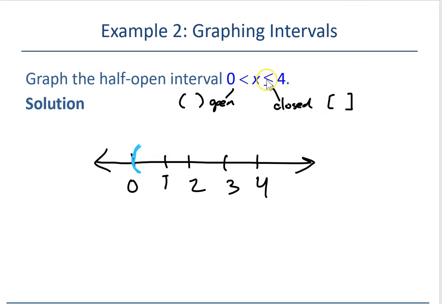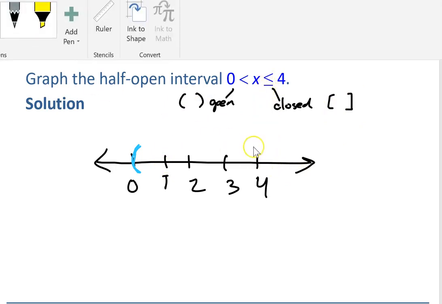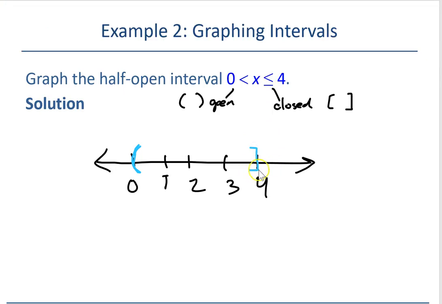Notice it's saying less than or equal to, so we have the bracket here. And so x can be any one of these numbers inside there. X can be any number except 0, but it can get infinitely close to 0, and it can go all the way up to 4 and include 4. And that's how we would do that one.